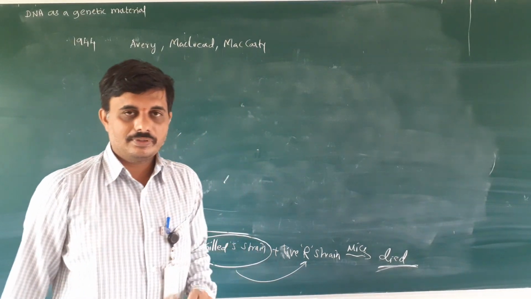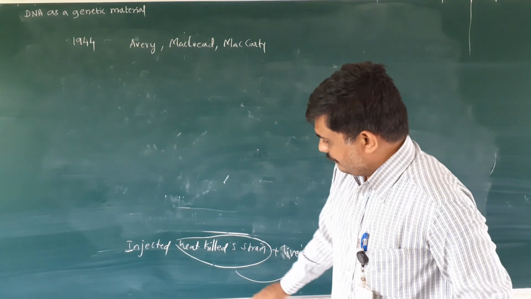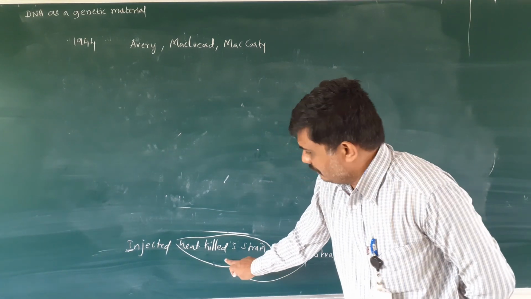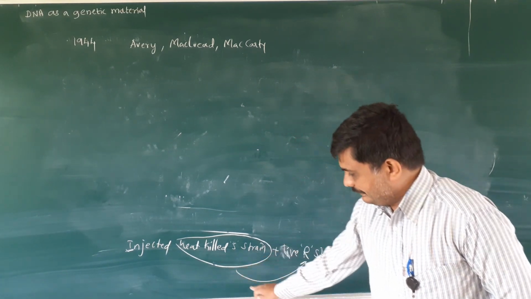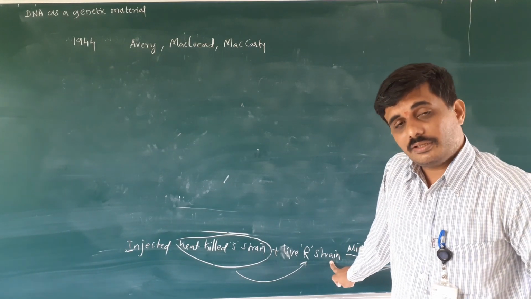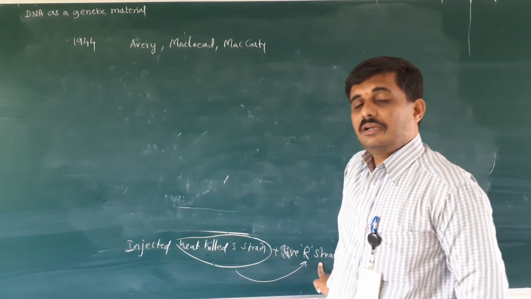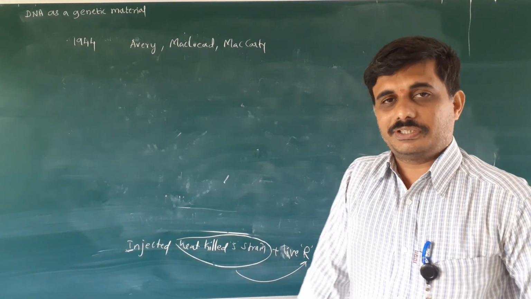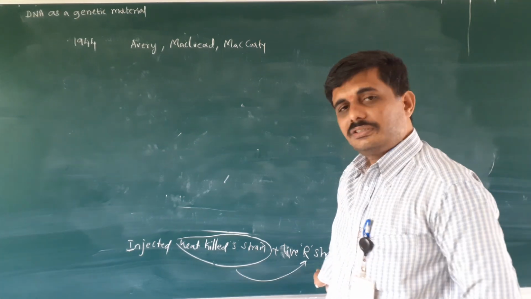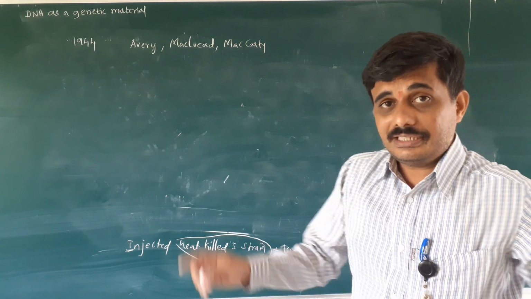Before that, there was confusion. F. Griffith said that some material from the heat-killed S strain is transferred to the R strain, and the mice died because that material helps in the synthesis of the mucopolysaccharide, making the R strain into the virulent S strain. He said only some material.